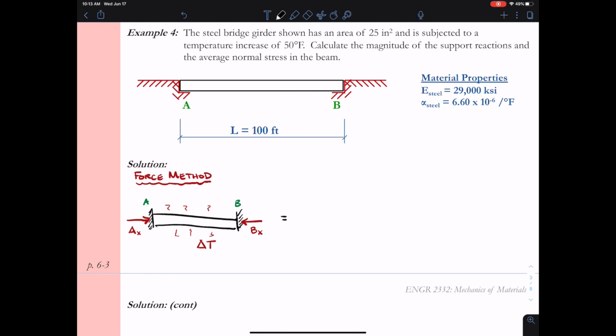All right, I have two unknowns, but I only have my one sum of forces equation, and that's what makes this statically indeterminate. So, like I did previously with the force method, I want to break this into two smaller problems.